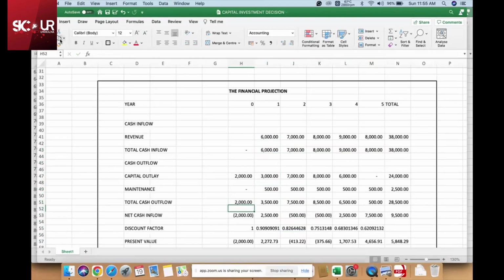Then we compare the total cash inflow with the total cash outflow. Essentially, we just take the figure here minus the figure of total cash outflow. This is not right. This is supposed to be total cash inflow.